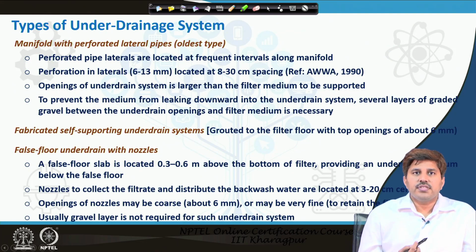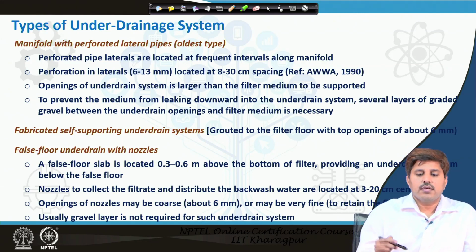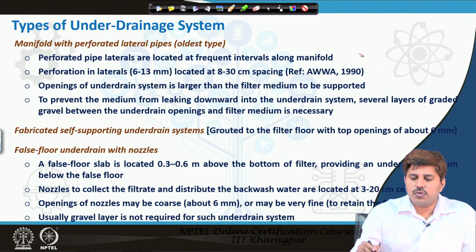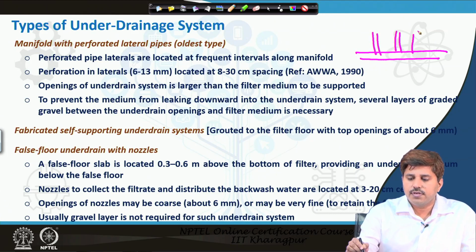If you see the different types of under drainage systems, the manifold with perforated lateral pipes is the oldest. As we discussed earlier, we will have a central manifold, and attached to this there will be several laterals, and these laterals will have perforations.